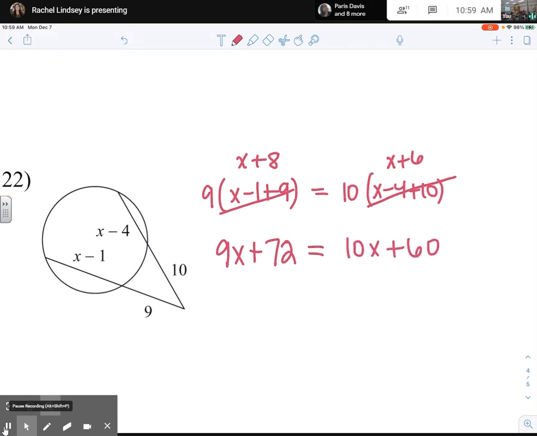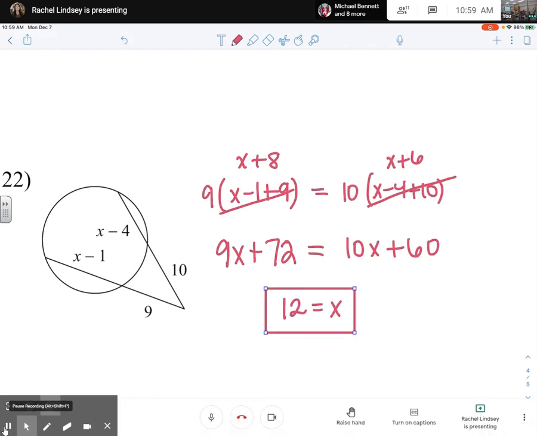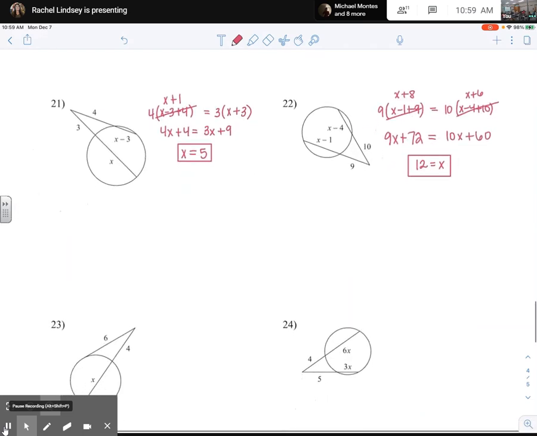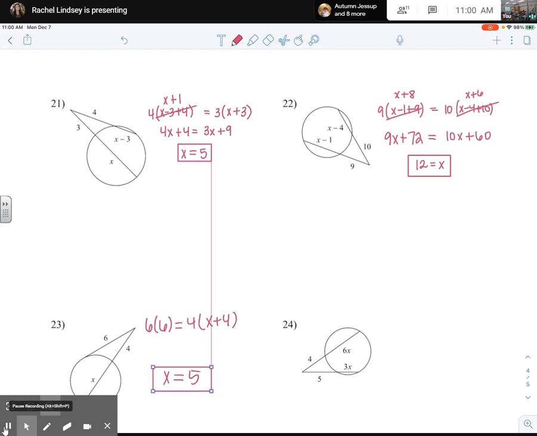When you multiply that out, you get 10x plus 60. Okay, that's what you'll get on number 23.